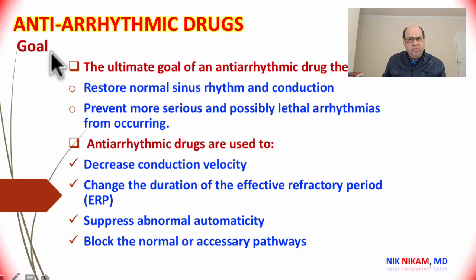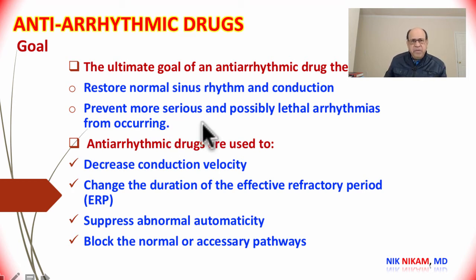The goal of using antiarrhythmic drugs. The ultimate goal of antiarrhythmic drug therapy should be to restore normal sinus rhythm and conduction, and prevent more serious or possibly lethal arrhythmias from occurring, such as ventricular tachycardia, fibrillation, or torsade.